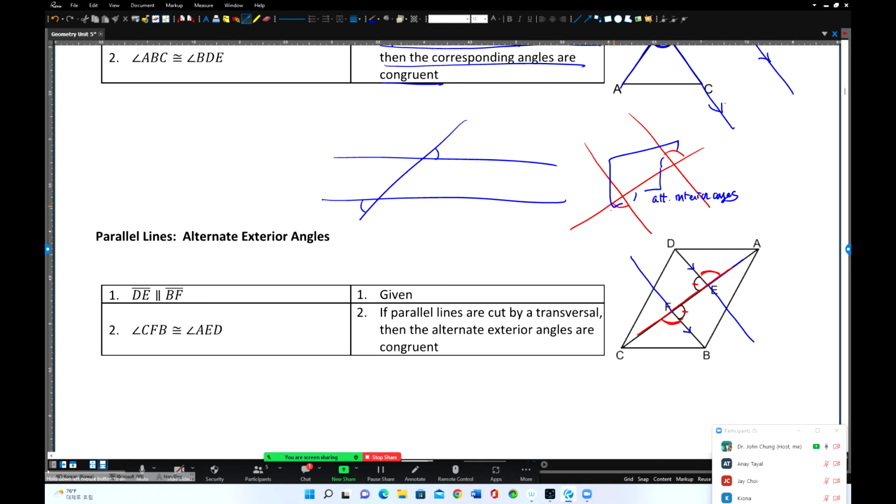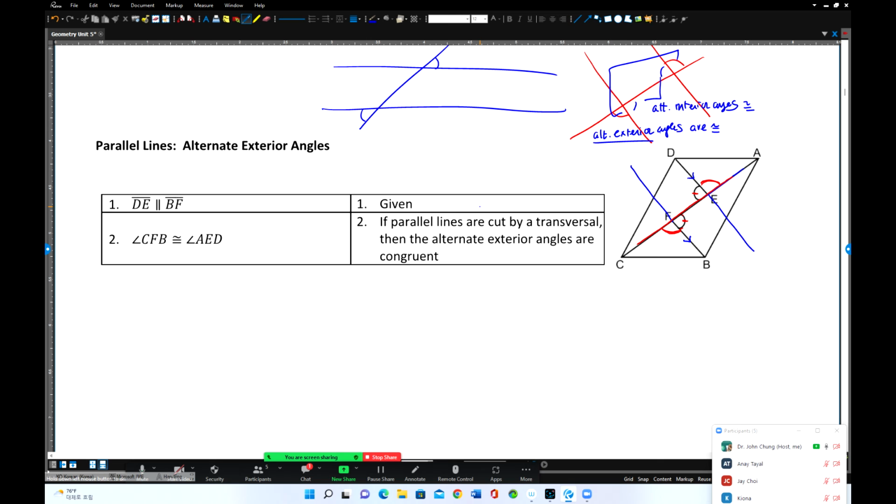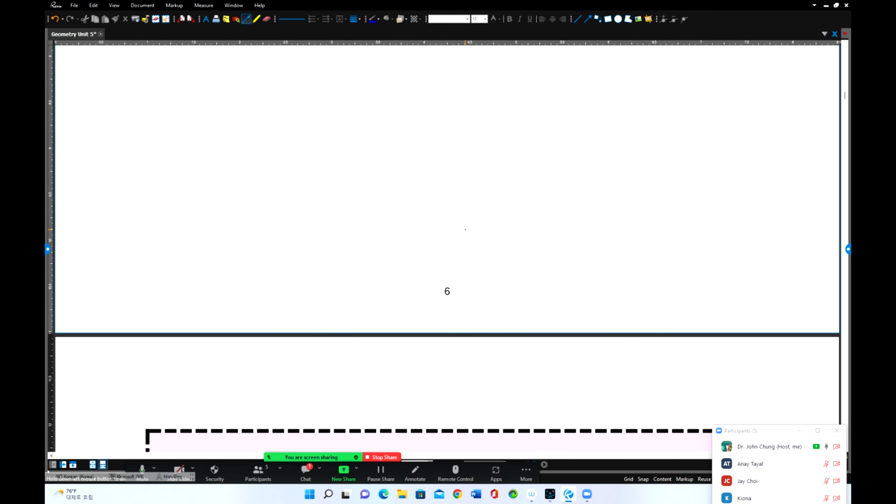These two are alternate exterior angles. They are always congruent, equal in measure. Memorize this. Maybe you will have some examples after this.